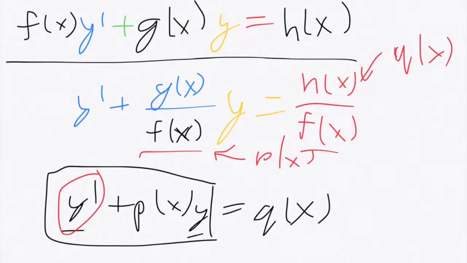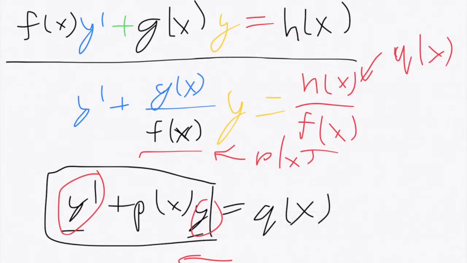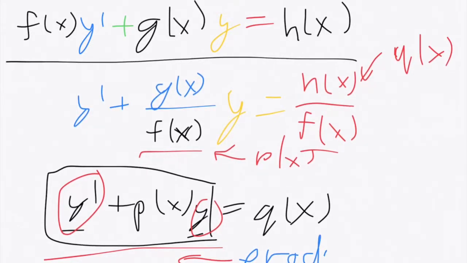We have to notice the fact that y prime is the derivative of y. And seeing this, we should come up with something really quickly. And that is, something had to have happened and a product rule should have taken place to get both y prime and y being added together. So our hint right now is that the product rule has been applied. And this is actually a really important hint.